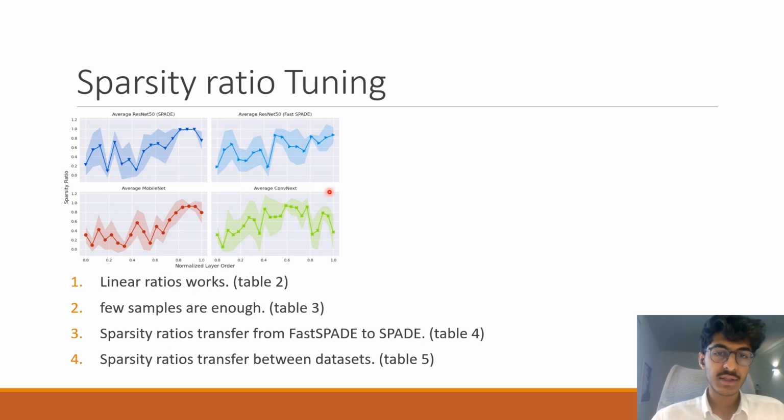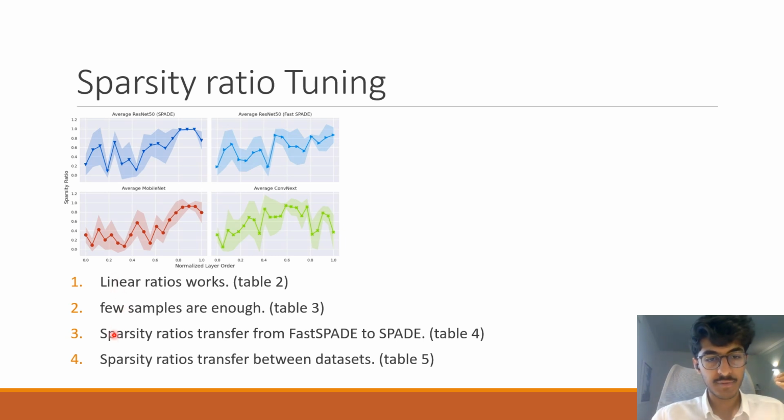Since this process is time consuming, we also did a bunch of studies. We showed that linear ratios also work, like 0% sparsity for the first layer and 99% sparsity for the classification head, and interpolate everything in between. We also showed that few samples are enough for the evaluation set. We also showed that the sparsity ratios transfer from the faster SPADE to SPADE, so you can tune your sparsity ratios using the faster SPADE and then transfer them to SPADE and use SPADE for the real task.